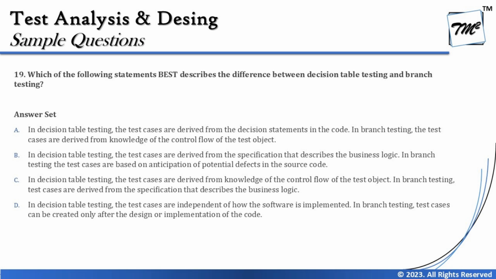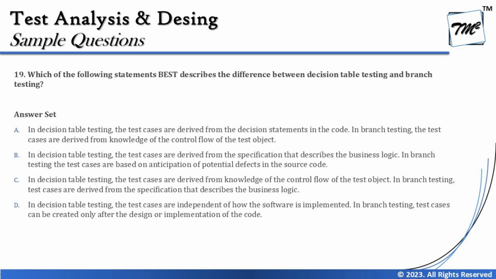But we have option D. Option D says in decision table testing, the test cases are independent of how the software is implemented. And in branch testing, the test cases can be created only after the design or implementation of the code. However, this is not a very straightforward option.